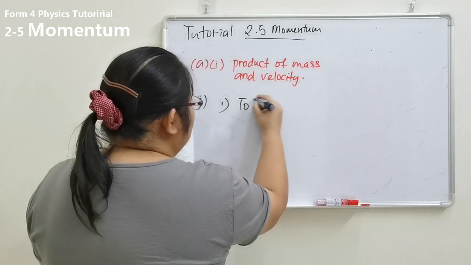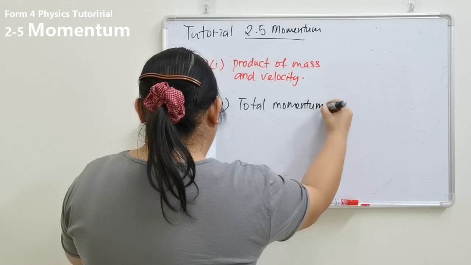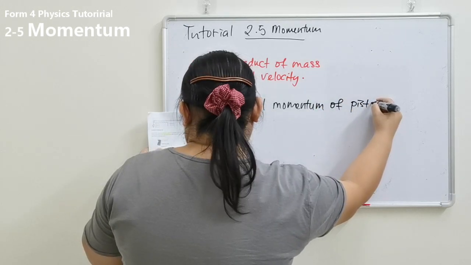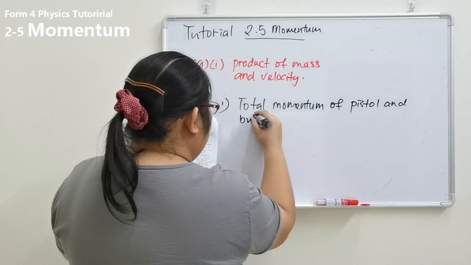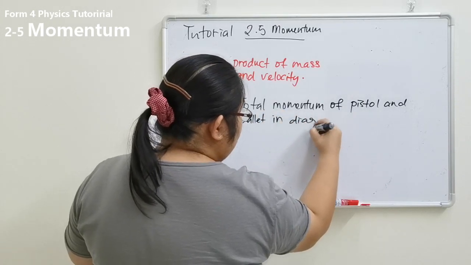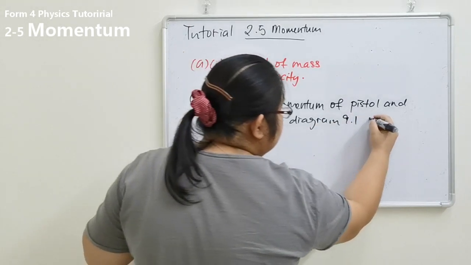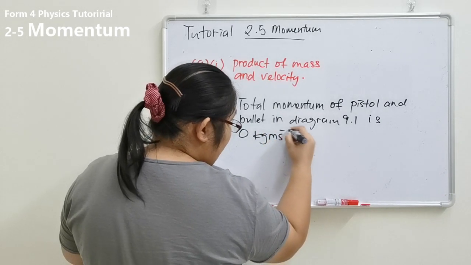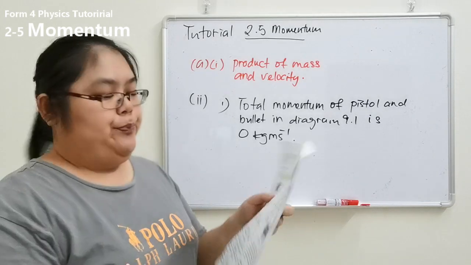So total momentum of pistol and bullet in diagram 9.1 is 0 kg m s^-1. Although you write 0, you must put the unit.